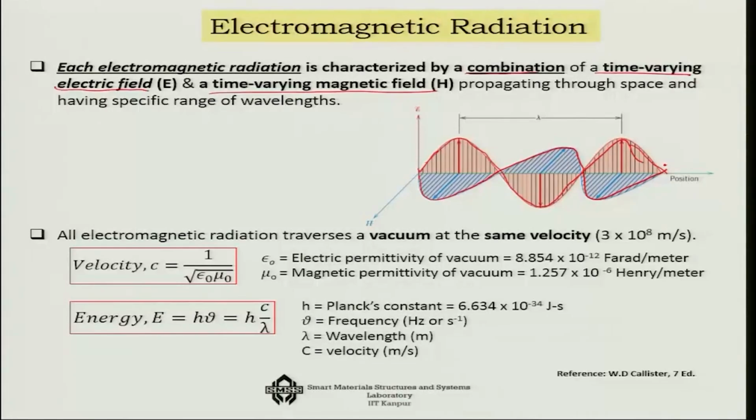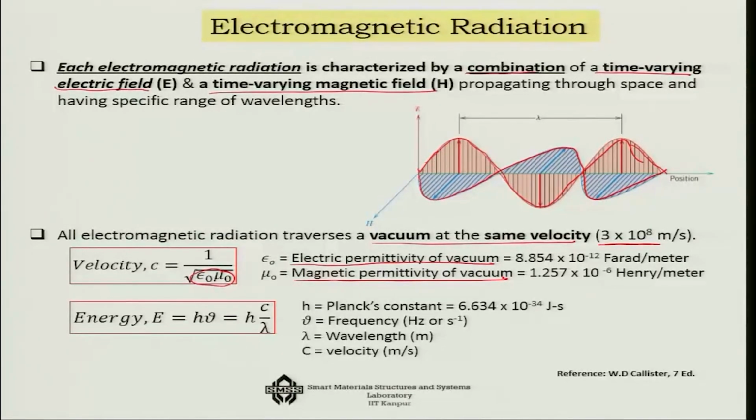and magnetic field, are always coexistent with each other, and the speed of the electromagnetic radiation in vacuum for both of them is close to 3 into 10 to the power 8 meter per second. The velocity in any particular medium is in fact inversely proportional to the square root of epsilon 0 and mu 0, where epsilon 0 is the electric permittivity of vacuum and mu 0 is the magnetic permeability of vacuum.